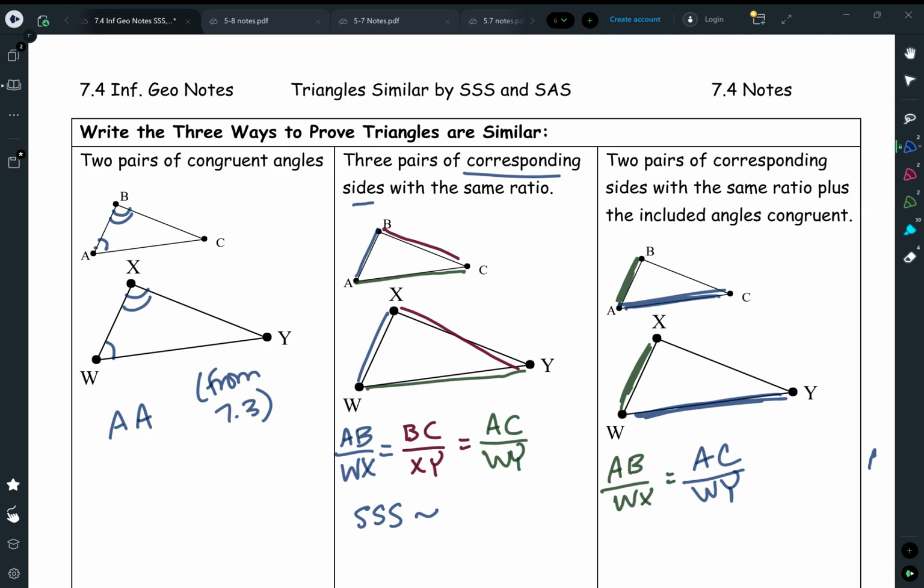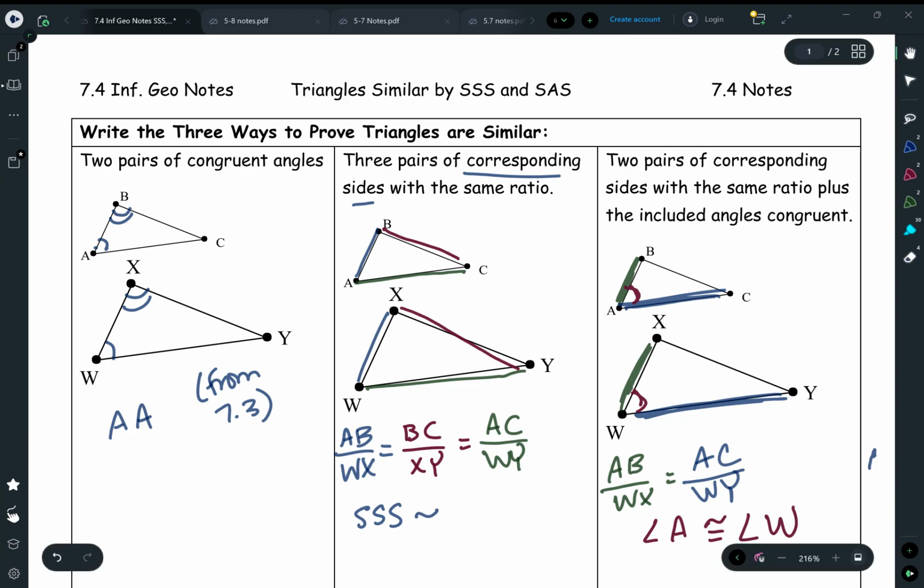In this case, my included angle would be angle A and angle W, so angle A is congruent to angle W. Because I have a side, then an angle, and then a side, I have side angle side similarity.